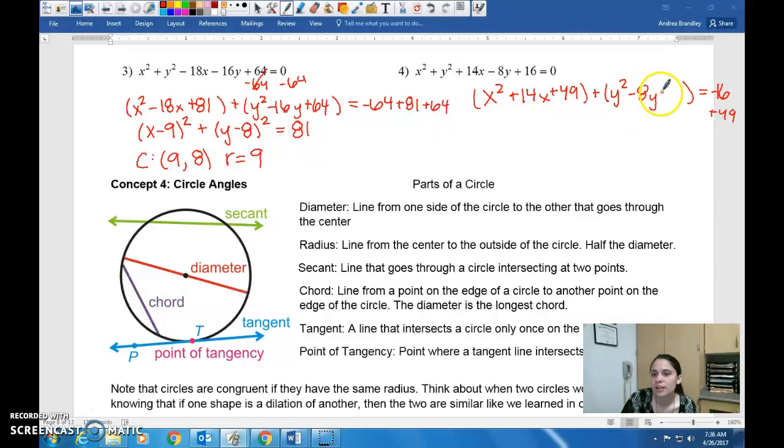Negative 8 divided by 2 is a negative 4. Negative 4 squared is 16. So this factors to x plus 7 squared plus y minus 4 squared equals 49. So I have a center at negative 7, 4, and a radius of 7.